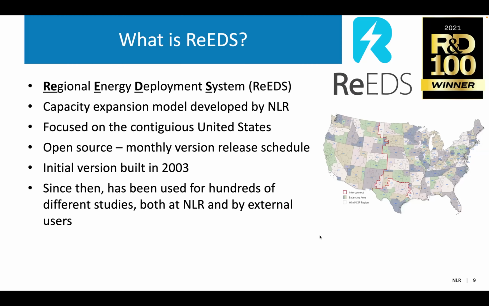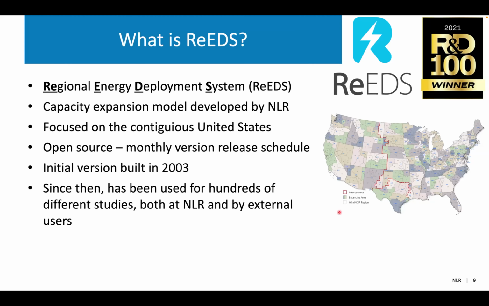It's fully open sourced, downloadable on github.com, with new versions of the model being released every month. ReEDS traces its origin back to 2003 with the Wind Deployment System. This was NLR's original electric sector capacity expansion model, primarily focused on wind technologies.